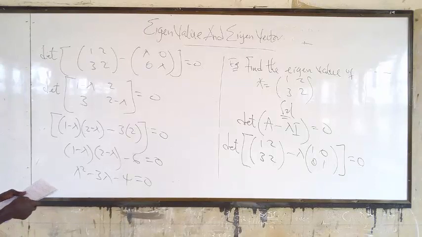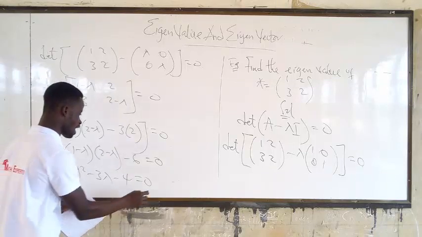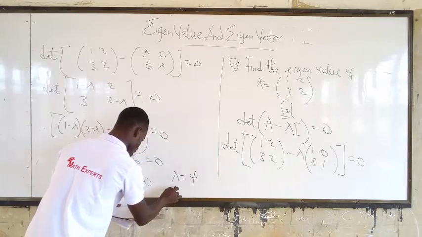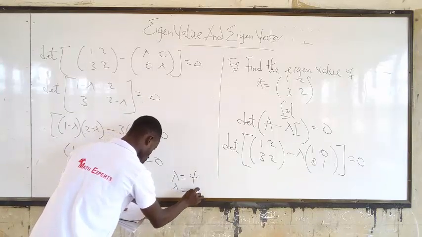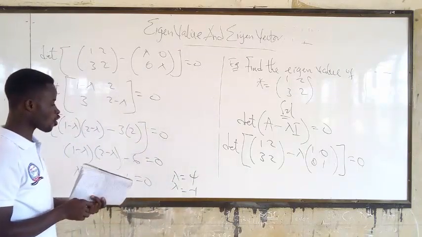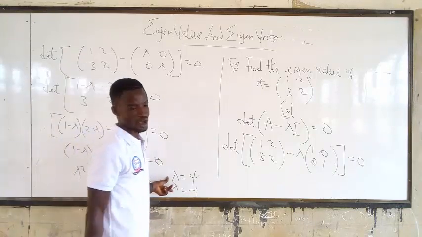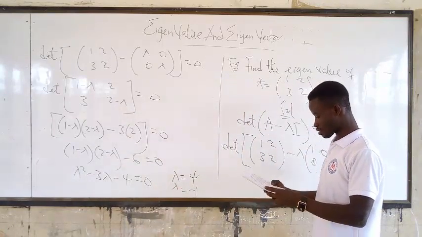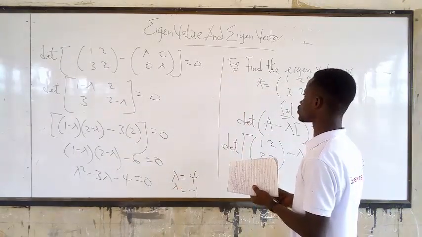So lambda squared minus 3 lambda minus 4. And when you punch your calculator, you get lambda equal to 4 and lambda equal to negative 1. Therefore, these become the eigenvalues for this square matrix. Alright, so you have to try one.